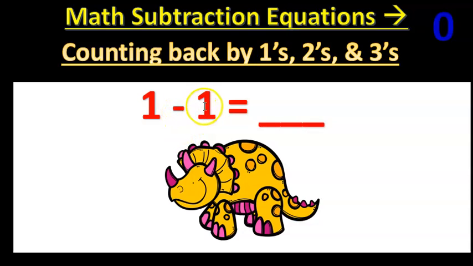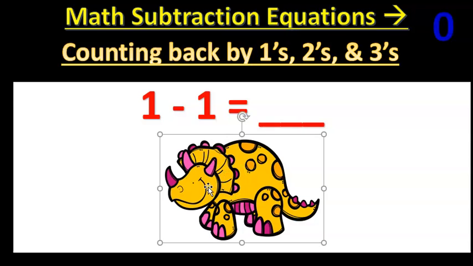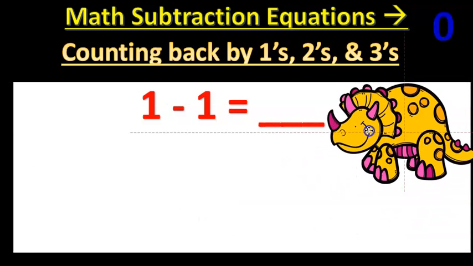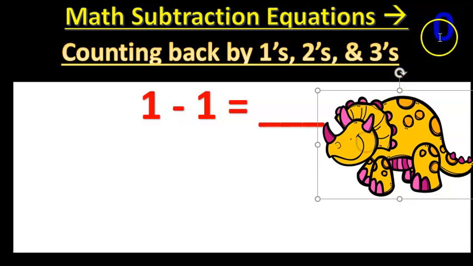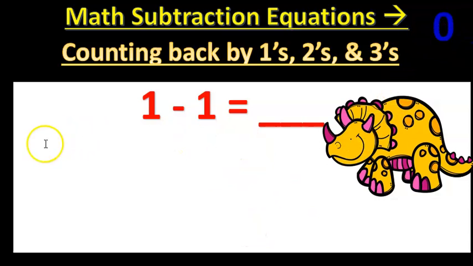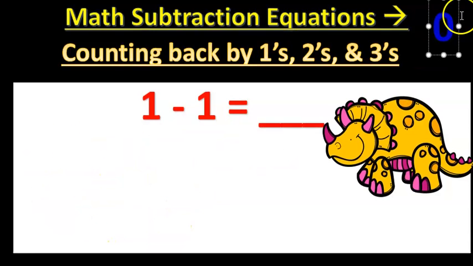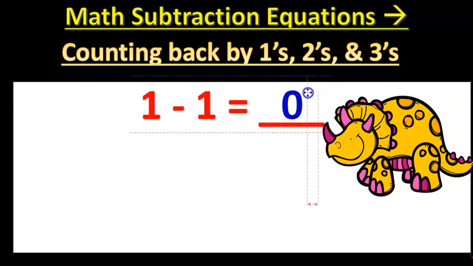Okay? Minus 1. So, you gotta take this dinosaur and just remove him. Let's just put this dinosaur here. Now, there are no dinosaurs here. So, boys and girls, what's our answer? 0. Good job, okay? 0's gonna go there, okay?